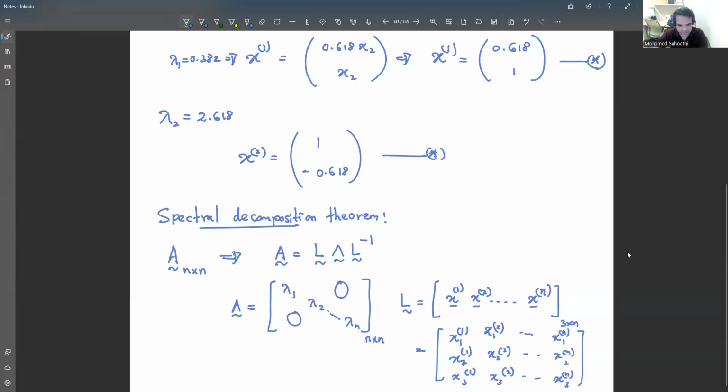So this is actually a 3 by n matrix, right? Okay, so any matrix you can decompose in this way.